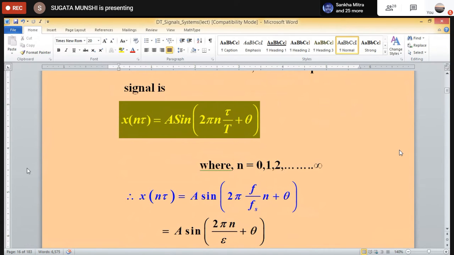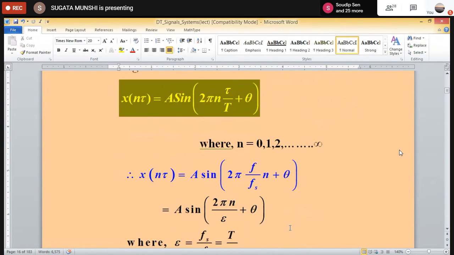So on making that substitution, I have obtained the expression for x(n tau) as shown here. Epsilon is fs by f or capital T by tau.